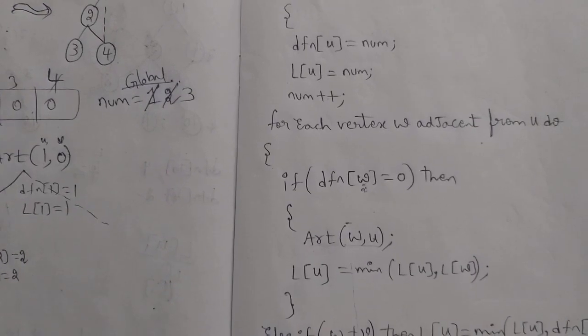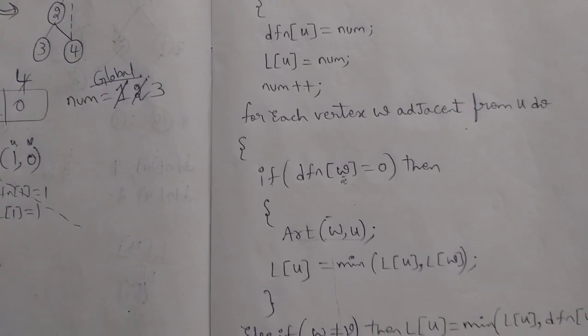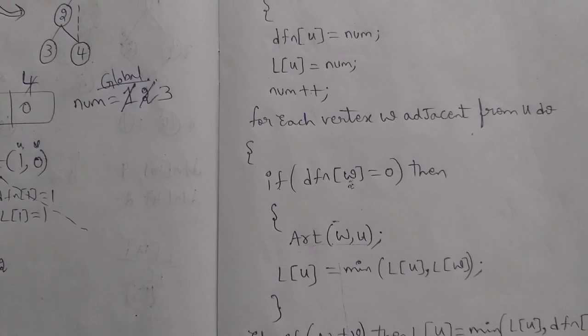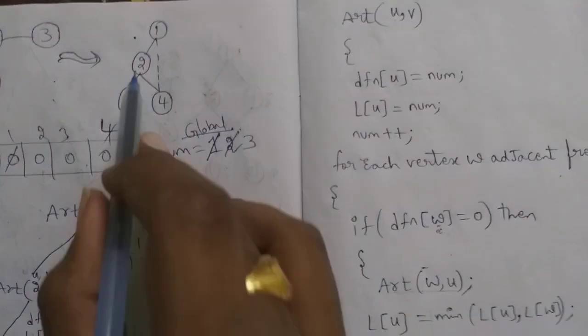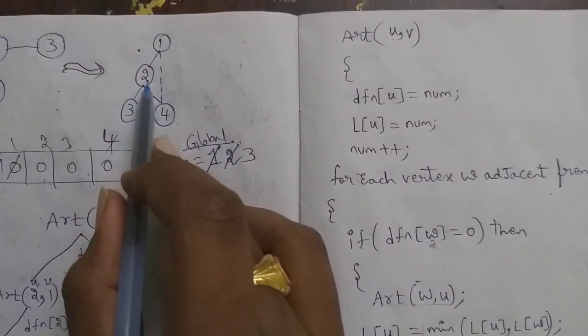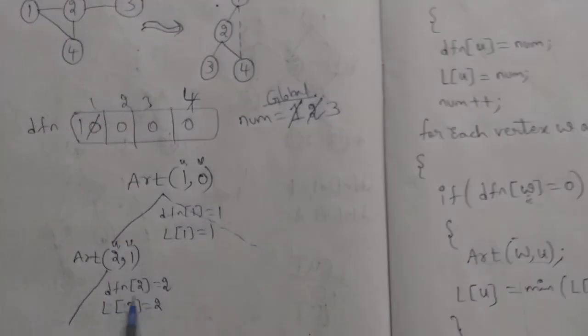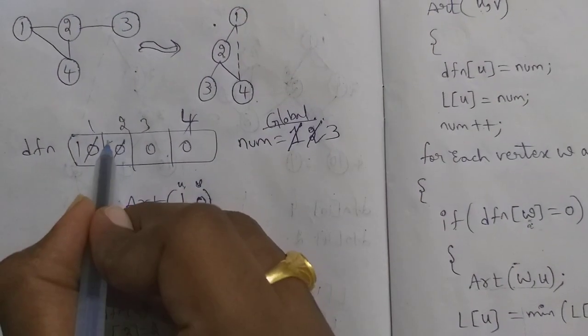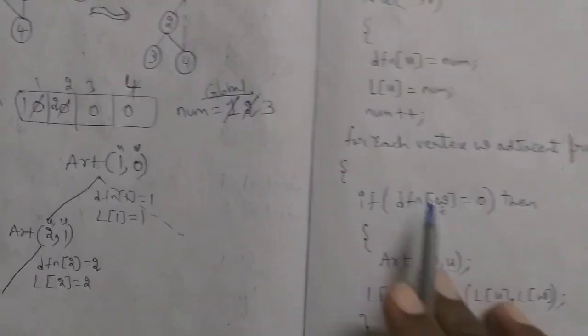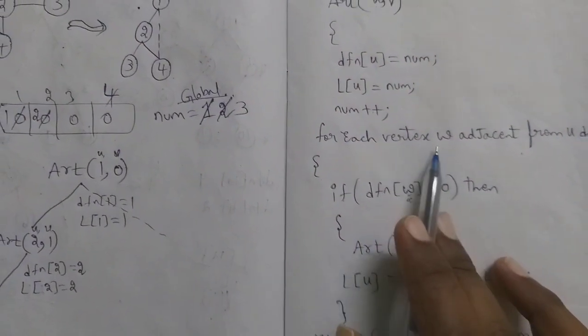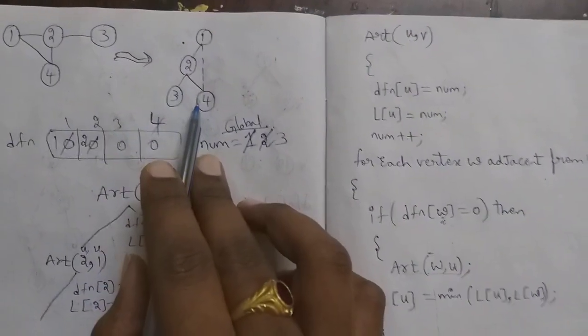For each vertex w adjacent from u, each vertex adjacent to 2, we need to consider the first adjacent vertex, 3. The adjacent vertices for 2 are 3 and 4.